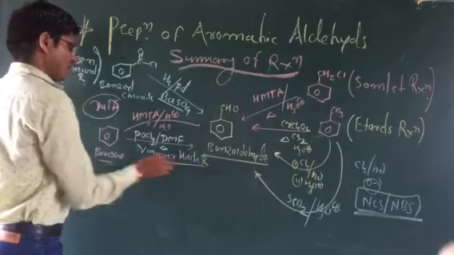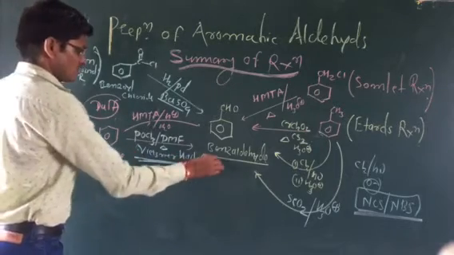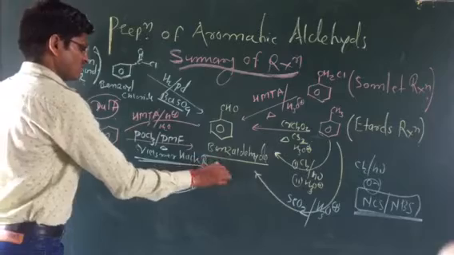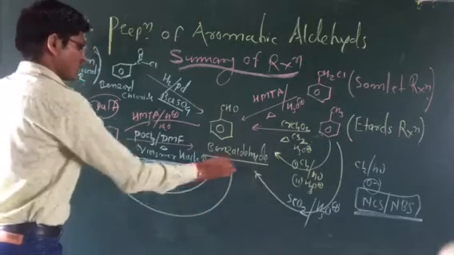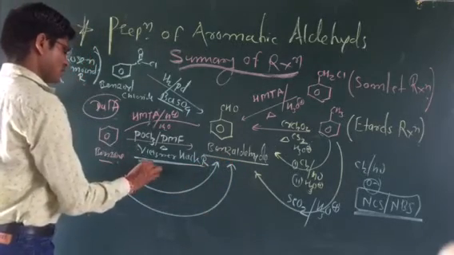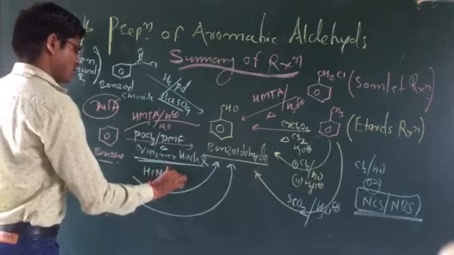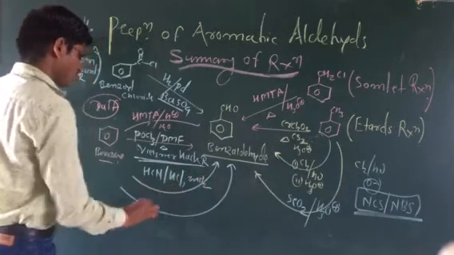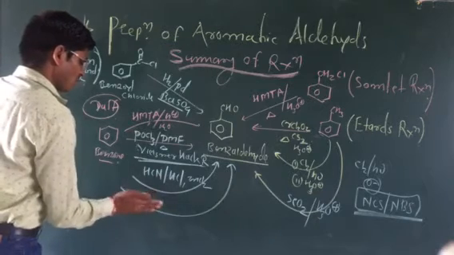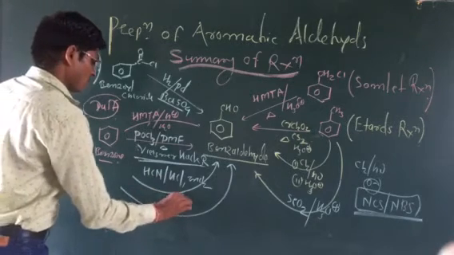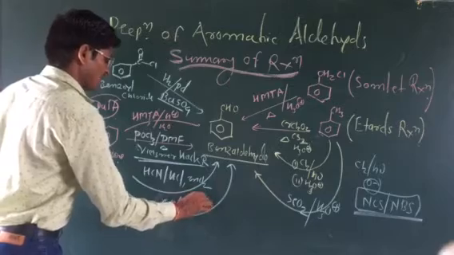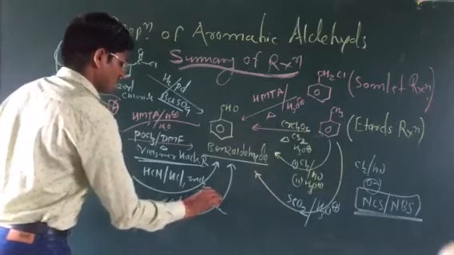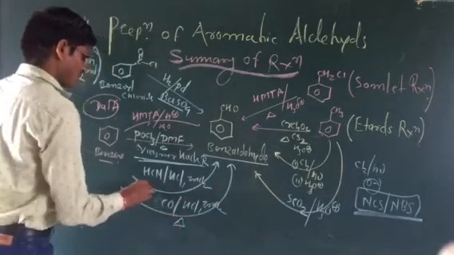Next, we again have the benzene nucleus, one of the most important reactions. Using HCN, hydrochloric acid, in the presence of the Lewis acid ZnCl2, benzaldehyde is obtained.